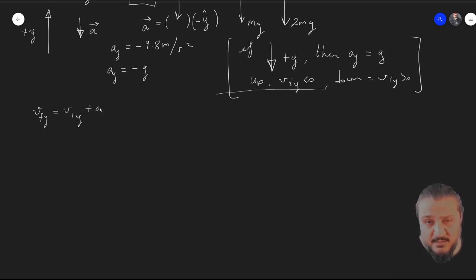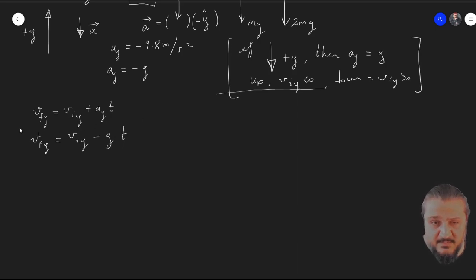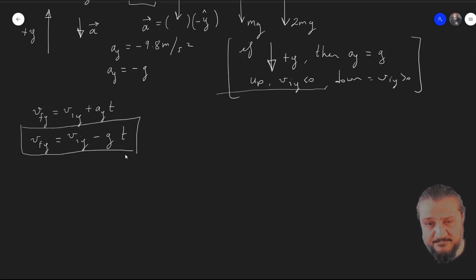Well, I'm just going to replace that AY with negative G. Okay, so I'm going to use that formula for free fall. This was equation number 1.